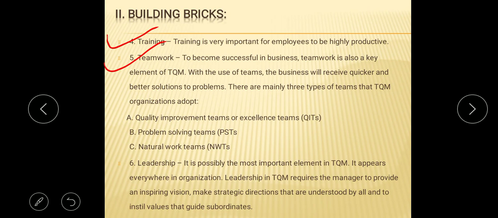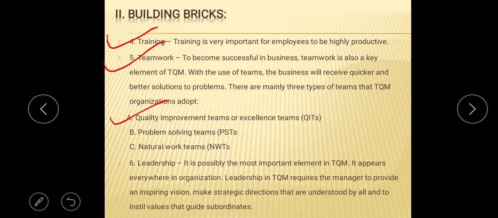There are mainly three types of teams that TQM organizations adopt: quality improvement teams or excellence teams, QITs. These are temporary teams with the purpose of dealing with specific problems that often recur.